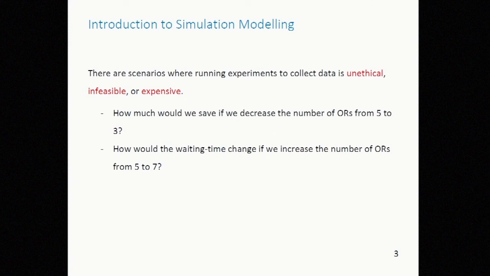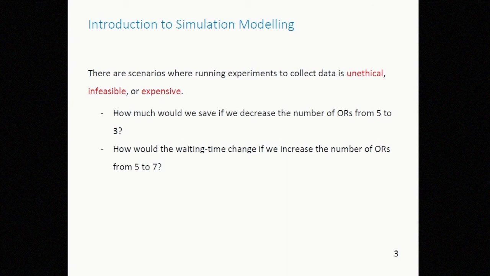A typical example, imagine that we have an emergency department in a hospital, and currently we have 5 operating rooms available to this emergency department. A legitimate question would be, how much would we save if we decrease the number of available ORs from 5 to 3? Okay, so if I want to run these experiments just to answer how much money I would save, I need to kind of ignore 2 of the already available ORs.